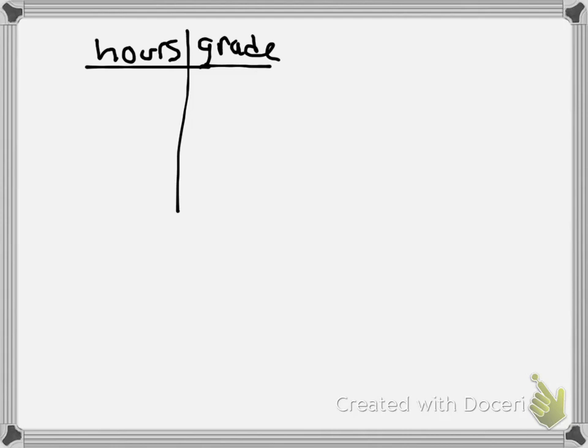So let's say if we didn't study at all, and we made a 62. Let's say we studied for 1 hour, we made a 74. Let's say we studied for 2 hours, and we made a 79. Say we studied for 3 hours and we made an 82, let's say.